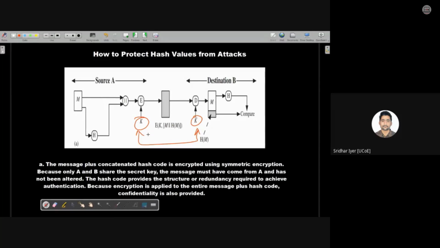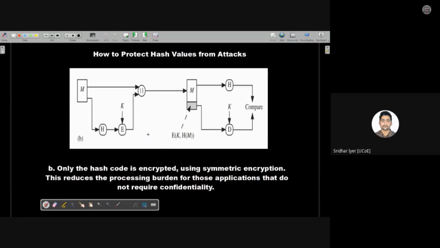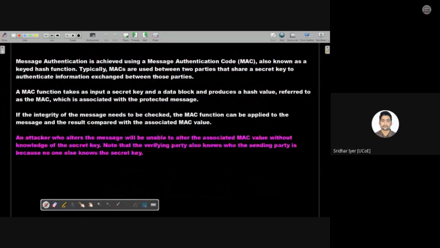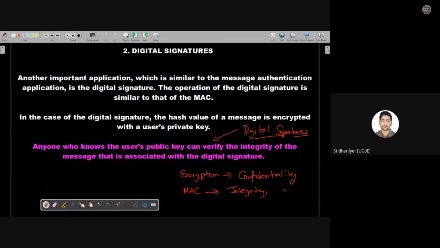I'm talking about a hash value, message authentication code. But whenever I'm talking about digital signatures, we make use of public key cryptography, public key and private key. Am I clear now? Yes, can we move ahead? Do let me know. Fine? Okay. So let's move ahead with this explanation.